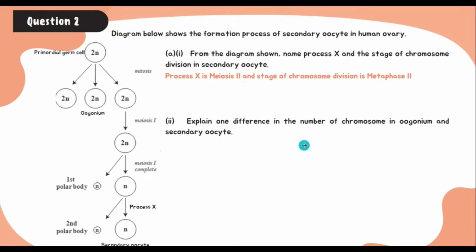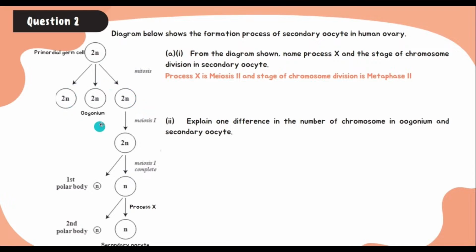So here there will be 2 marks. One is for the difference in the number of chromosomes between the oogonium and the secondary oocyte, and the second mark is for the explanation.